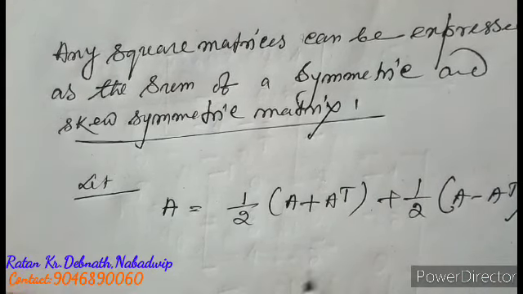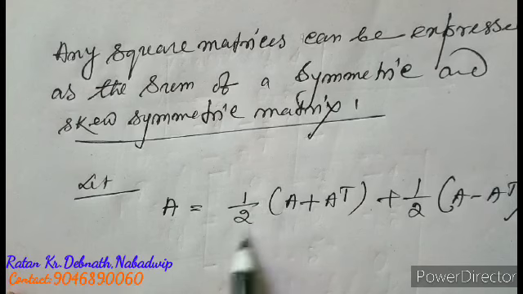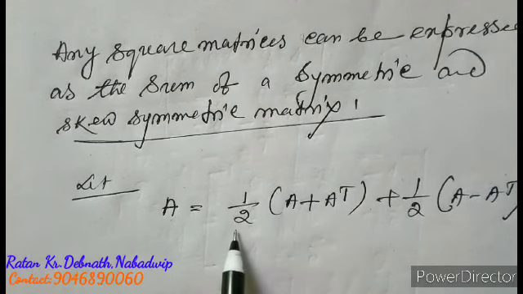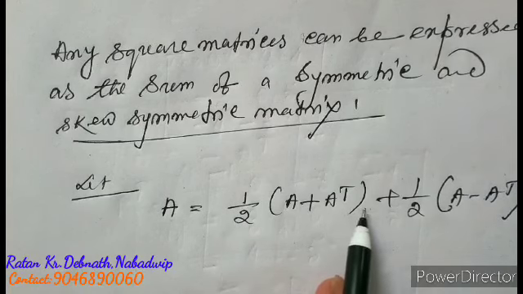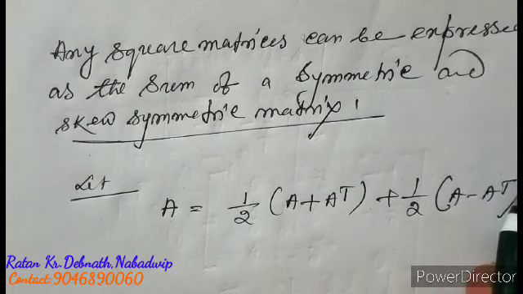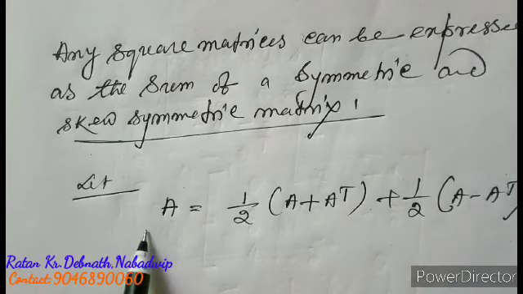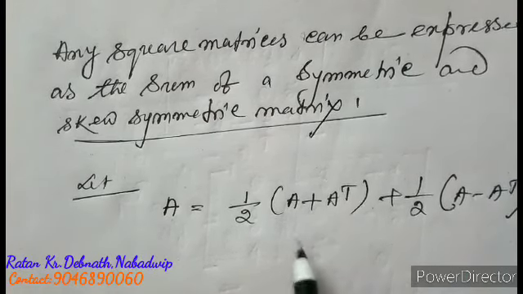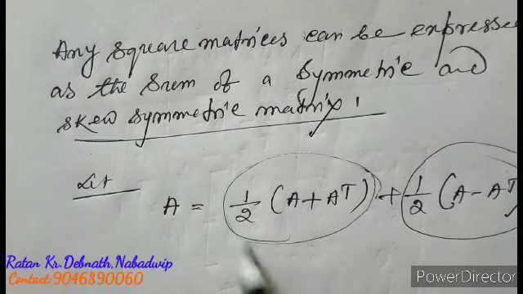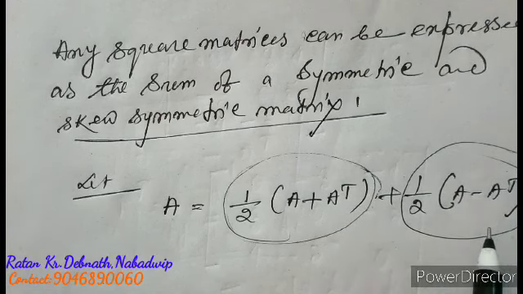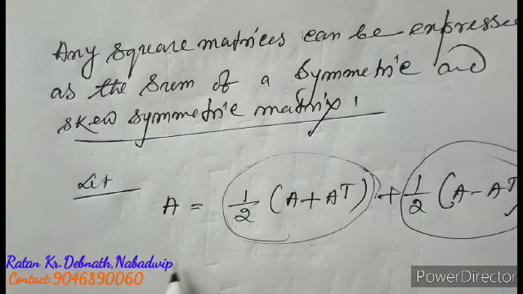This is very clear because if you multiply this by half, half of A transpose and half of A transpose will be cancelled, and half of A plus half of A equals to A. Now if we prove one part of these two is symmetric and the other is skew symmetric, then the proof will be completed.